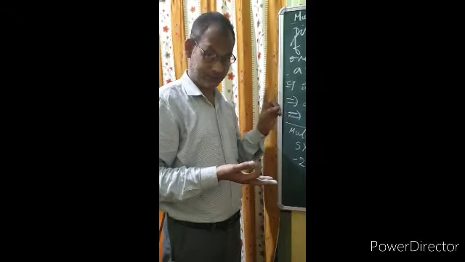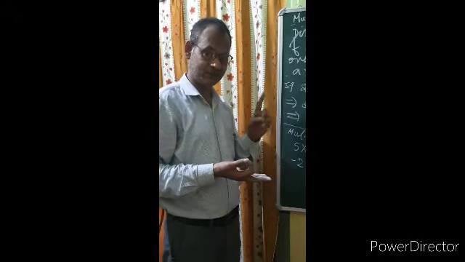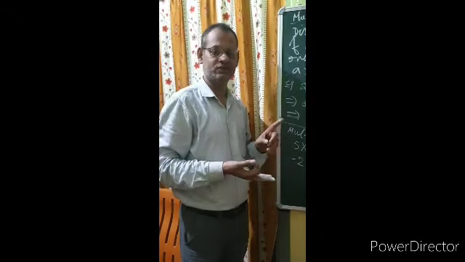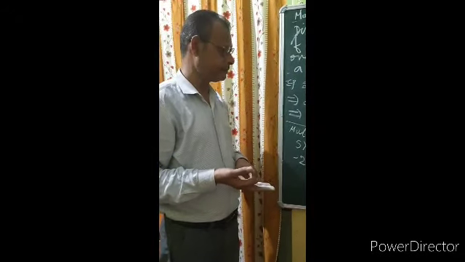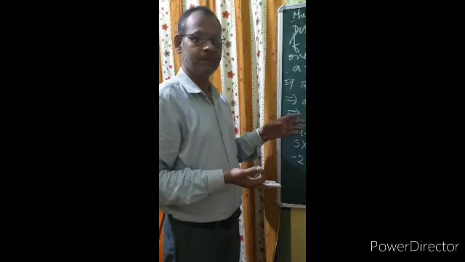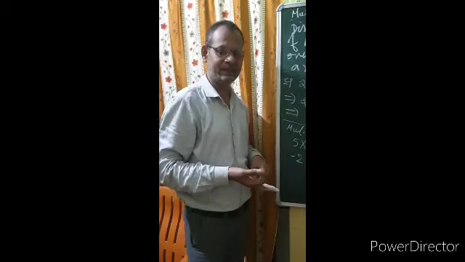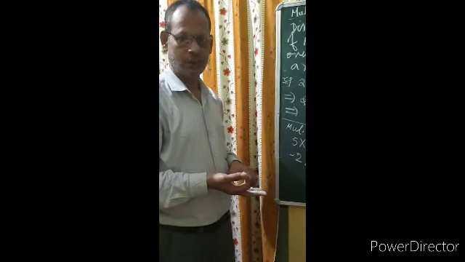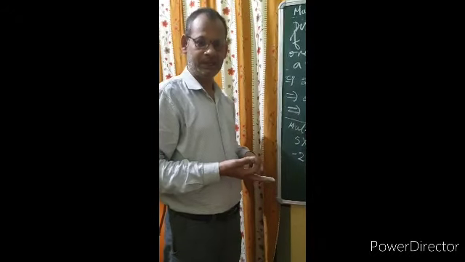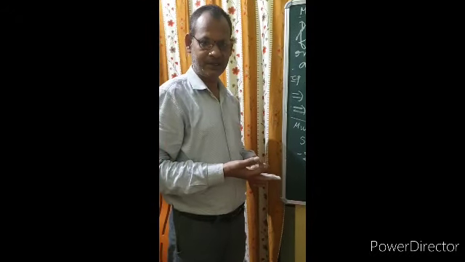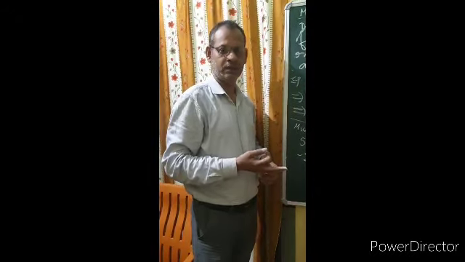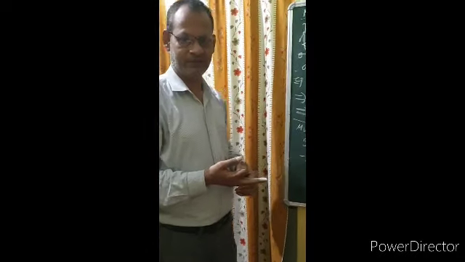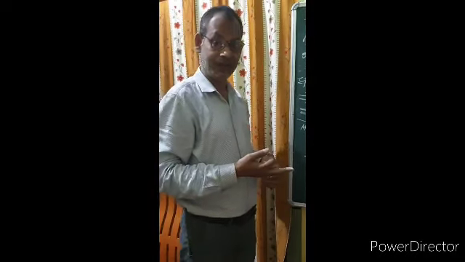These exercises have to be shown whenever the school reopens. Exercise 1B I will give you today in PDF form. You will solve it in your copy neatly and tidily, and whenever the school reopens, we will check and evaluate it, and give you marks for that.